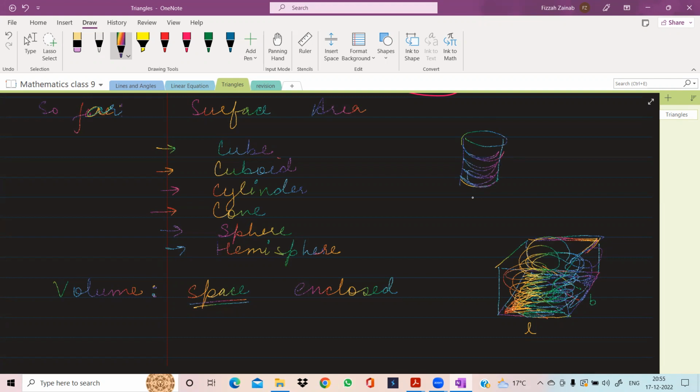So this is the difference. If they ask you to paint this tank, what will be the cost, you will be interested in finding the surface area because you are going to paint the surface only. And if they ask how much liquid it can hold, obviously you are interested in how much space is there inside it. So that means you have to find the volume. That kind of difference will be there in the questions now.